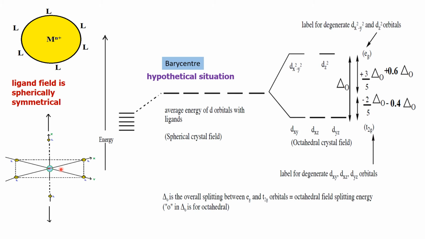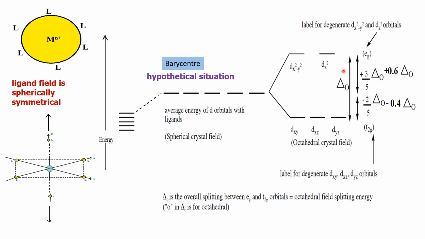The T2G orbitals have lower energy, which means they are stabilized somewhat more than the EG orbitals. The EG orbitals are along the axis, so they have higher energy, large repulsion and more destabilization.